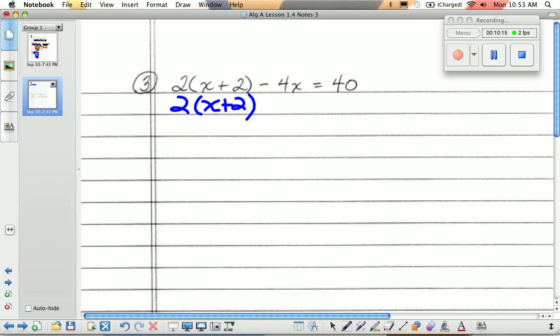But now we're going to change this subtraction to plus a negative 4x. Remember, distributive property simplifying will usually come first. So we're going to do the distributive property. What is the result after we do our multiplying? 2x plus 4, because we take the 2 times the x and the 2 times the 2. And then we bring the rest of the equation along.